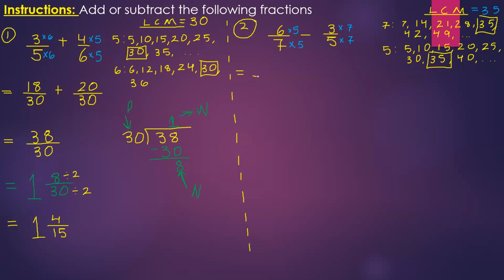Alasia, what is 7 times 5? 35. And what is 6 times 5? 30.